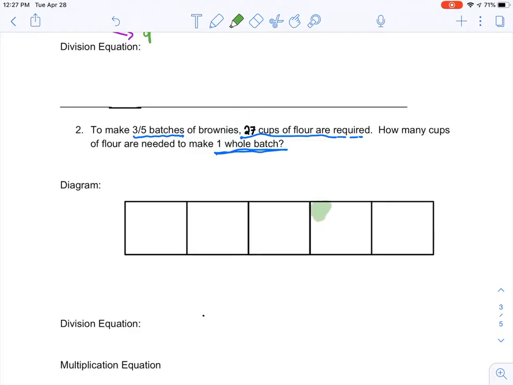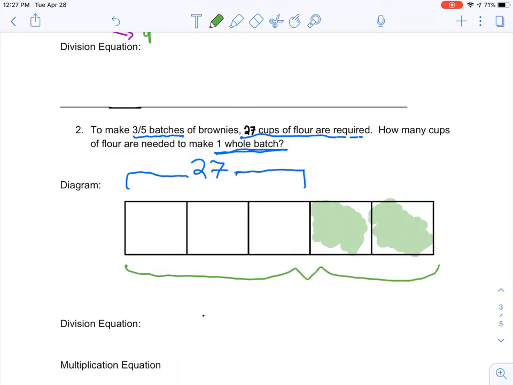So let's go ahead and highlight the remaining ones, and we have 3/5 open. Okay, so 3/5 will be divided amongst 27 cups. As you can see highlighted here, 27 cups, okay? So now the final part is how many cups of flour are needed to make one whole batch.